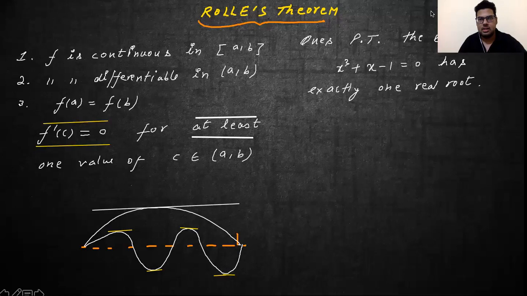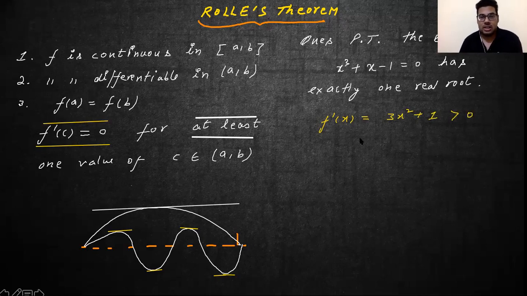See, one way is absolutely fine, that we have already covered. You have this function, let us say this is f of x. So clearly you have f dash x equals 3x square plus 1. Now this is always positive, so the function is always increasing.